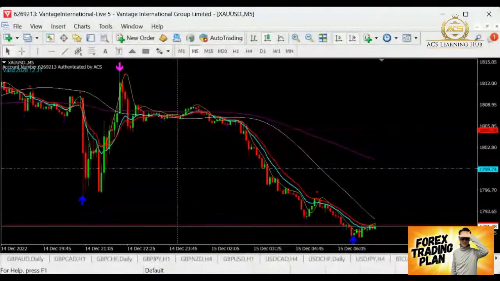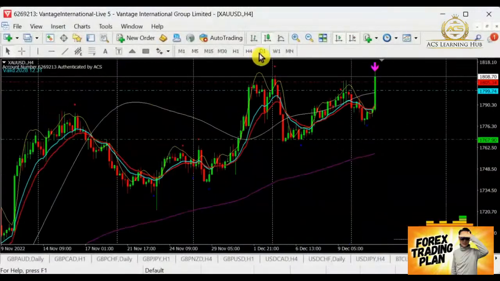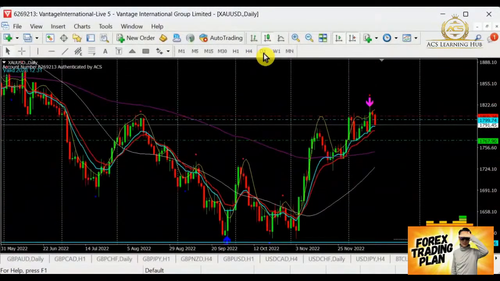Yes, gold. Yesterday we were talking about gold, and we were going to take this 1799. At this point, 1799 has already been achieved. Generally, gold is still on the buy side, the bull side. On this bull side, tentatively we are looking for a retracement downwards.